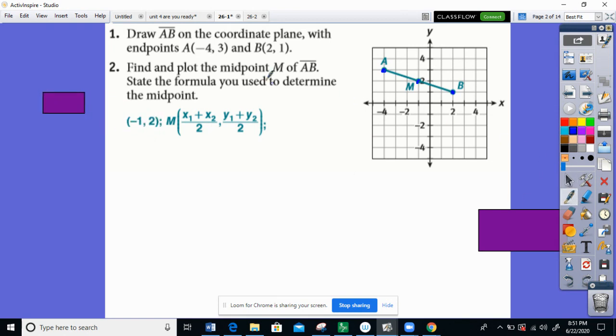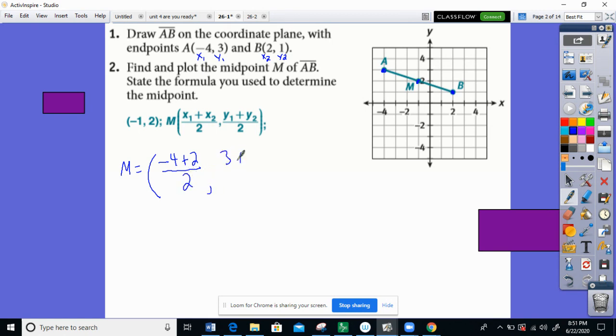If you wanted to see how to work that out using the midpoint formula, then we could label our points x1, y1, x2, and y2. And let's see, that would be -4 plus 2 divided by 2.